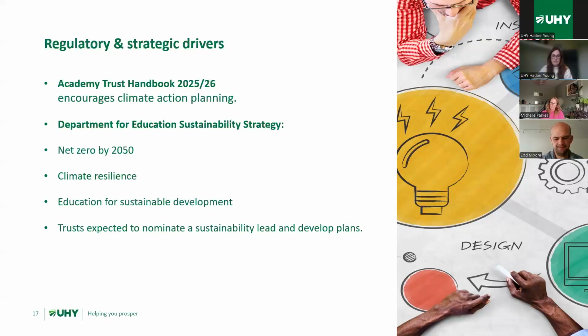You're probably here today because you've either been nominated as a sustainability lead in your trust or you're interested in becoming one. This is another key requirement of the DfE strategy: that all education settings should have a sustainability lead in place by 2025 now. So that's one thing to note.